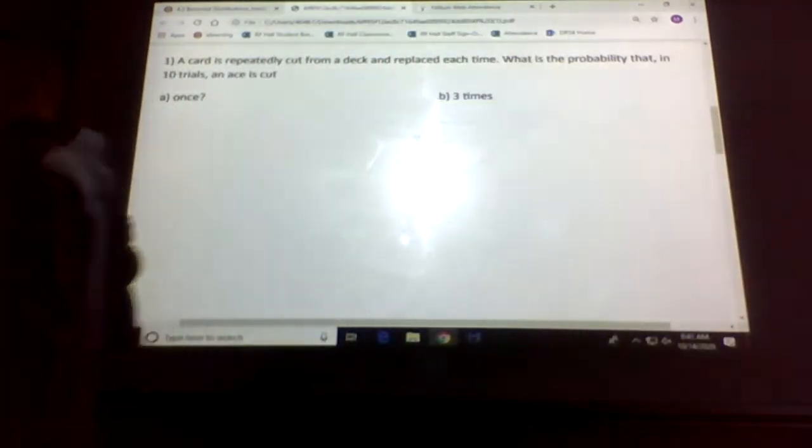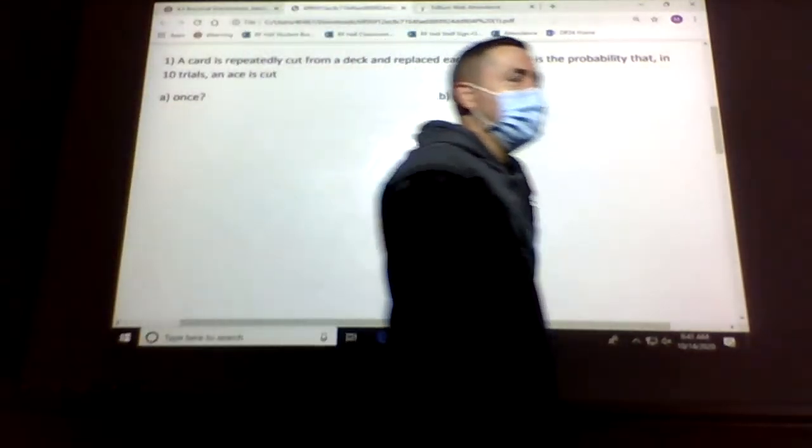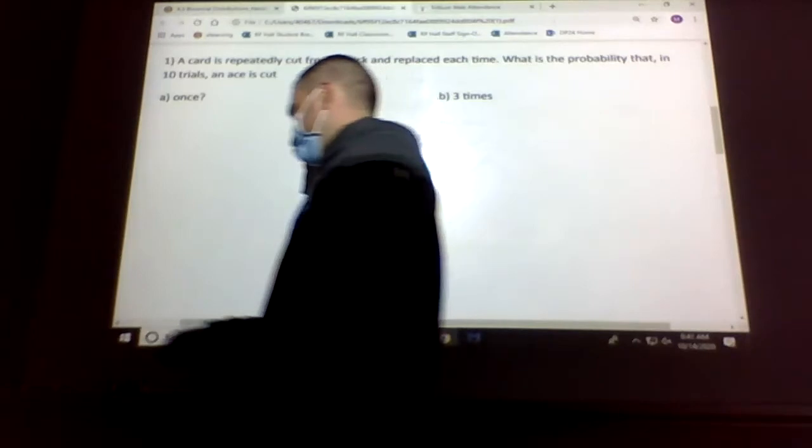A card is repeatedly cut from a deck and replaced. So we have to replace, so then we know it is independent. One trial will not affect the next one. What is the probability that in 10 trials, an ace is cut?